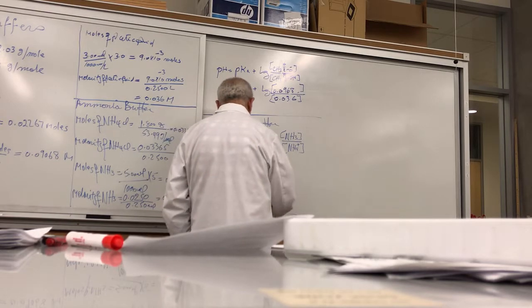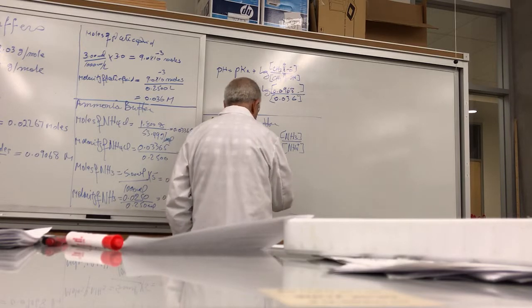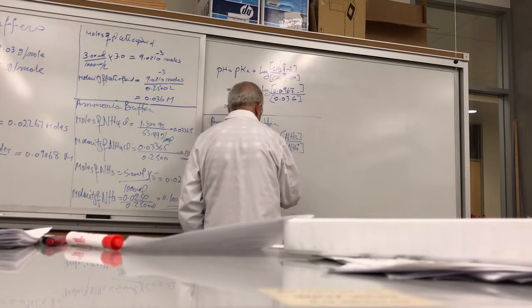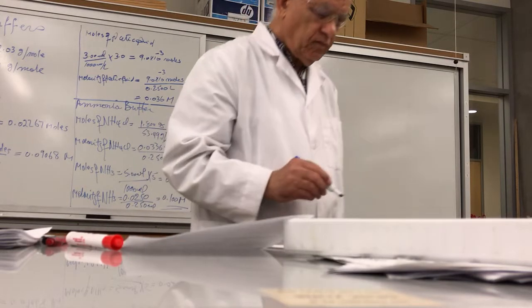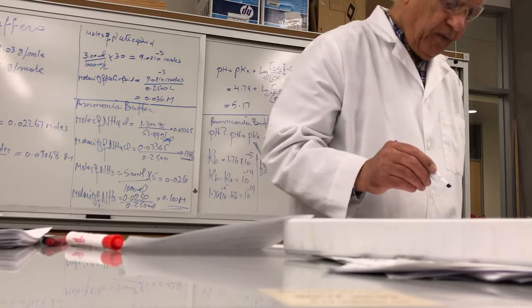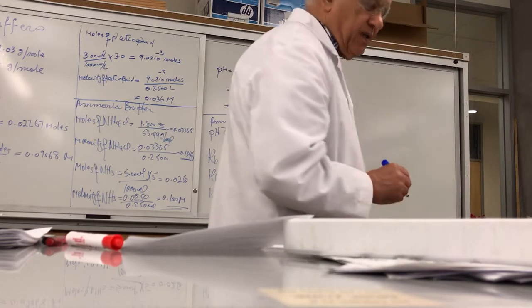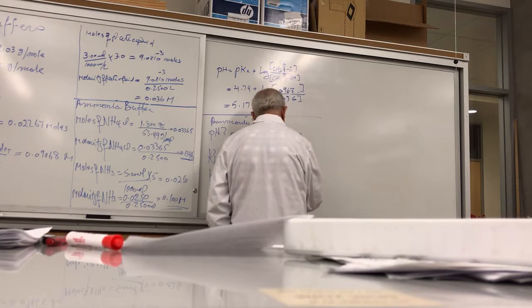And from that you will find Ka for this ammonia solution, Ka equal 5.6 times 10 to the power minus 10.